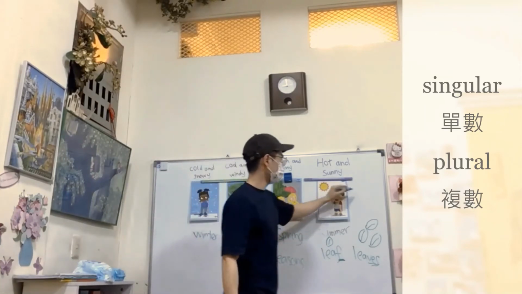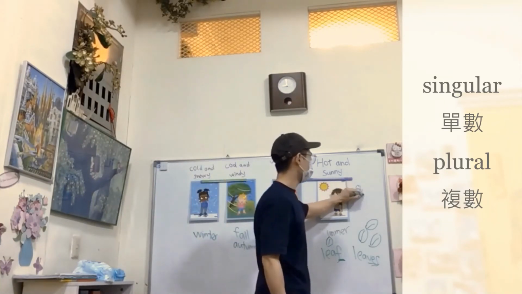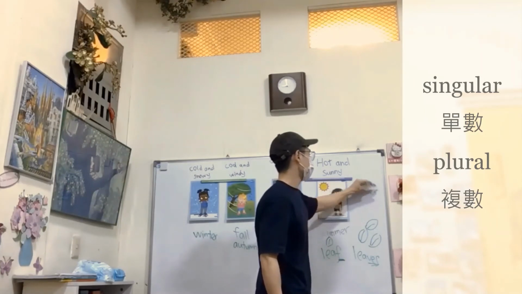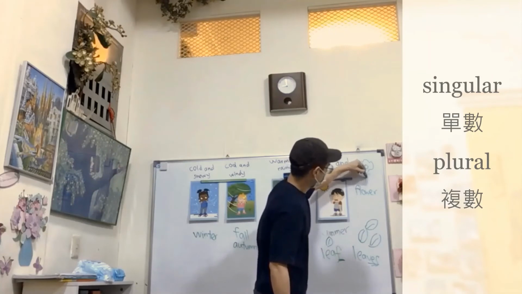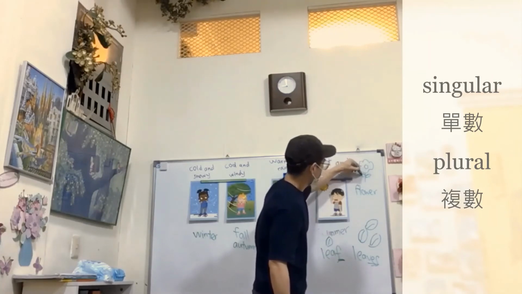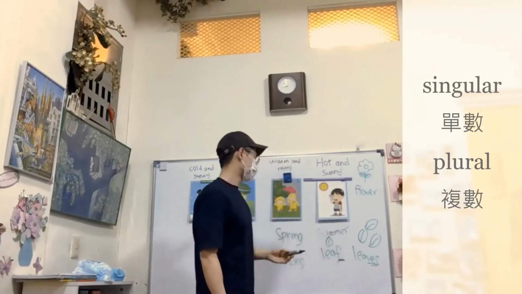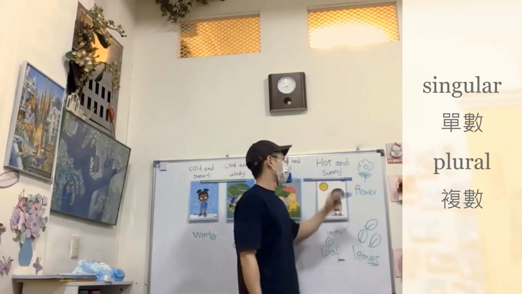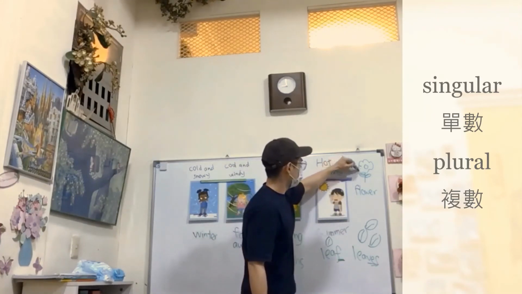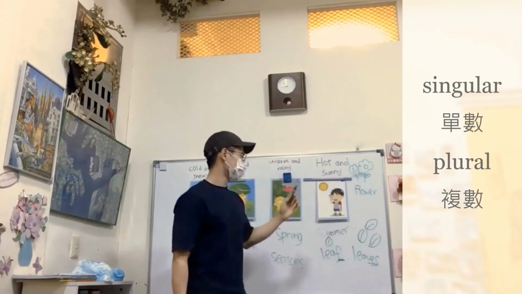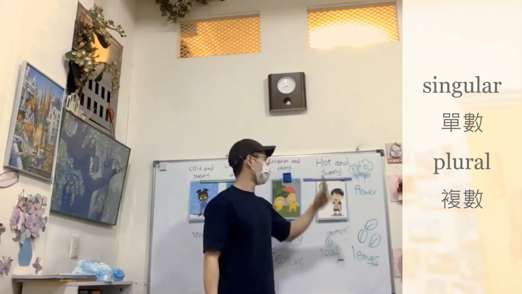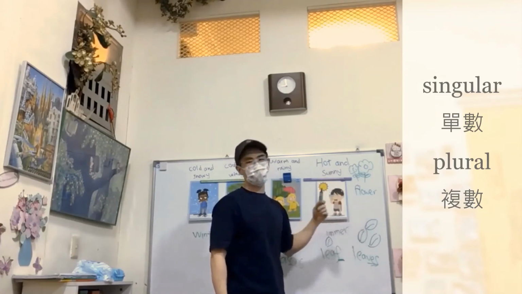How to spell the word flower? F-L-O-W-E-R, okay? Okay, this is a flower. Right? Okay, so what if I have more than one of them? Similar to the word leaf, if we have more than one flower, we call it flowers.